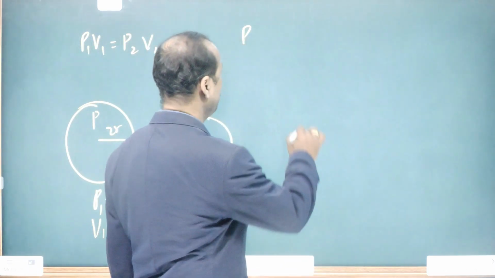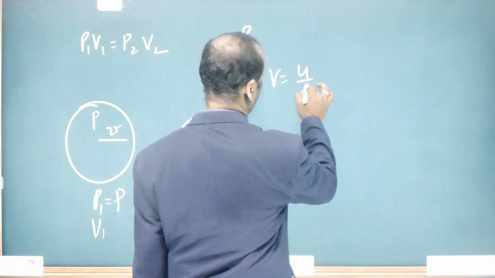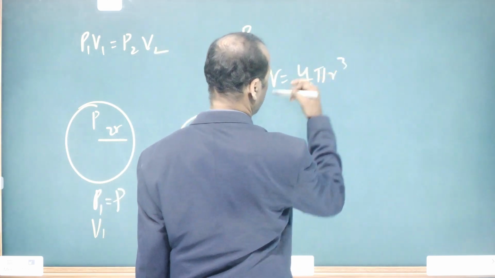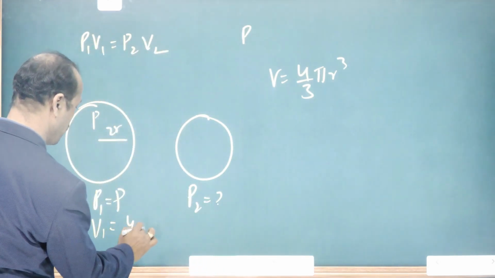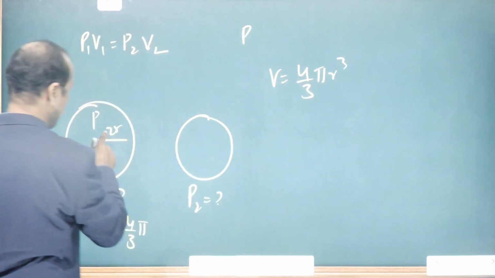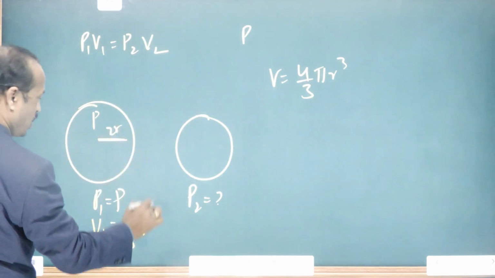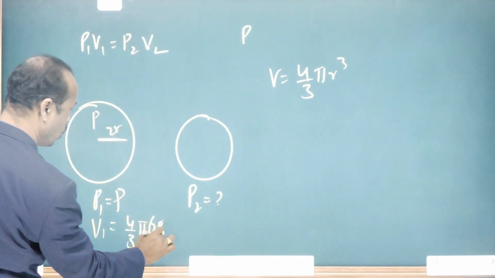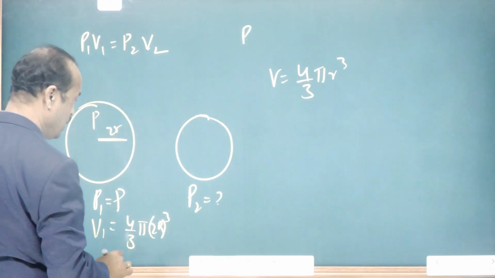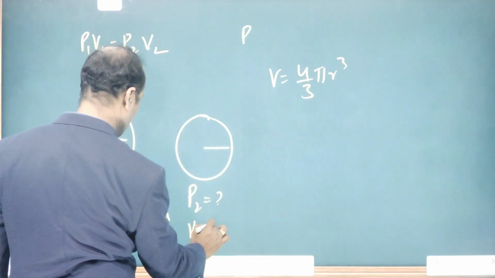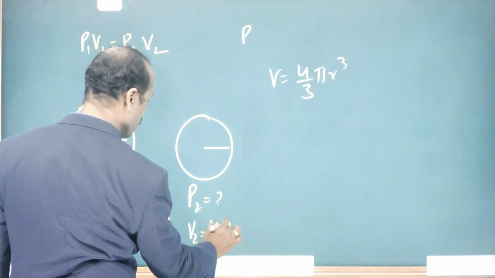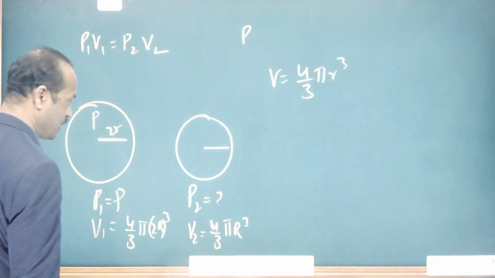Yes, volume of the sphere is 4 by 3 pi r cube, correct? So V1 is equal to 4 by 3 pi, and in place of r we write 2r, so 2r whole cube, right? And V2 is equal to what? This is r only, so 4 by 3 pi r cube, right?